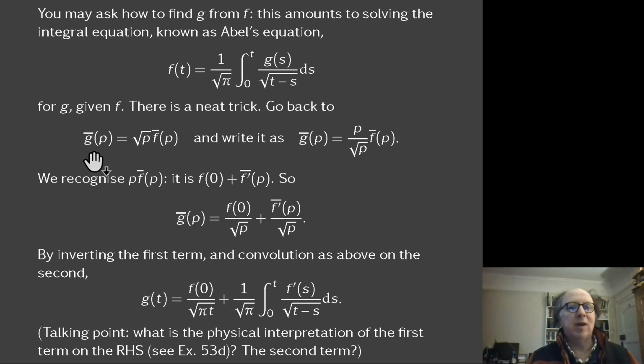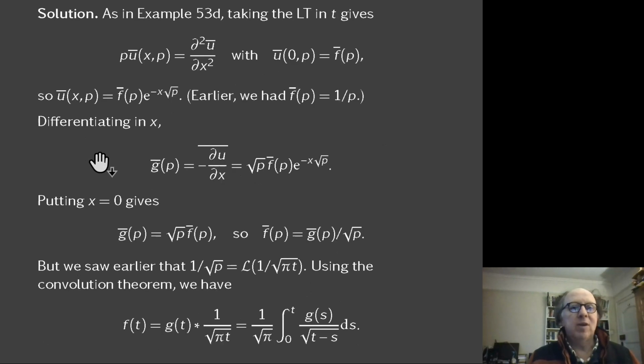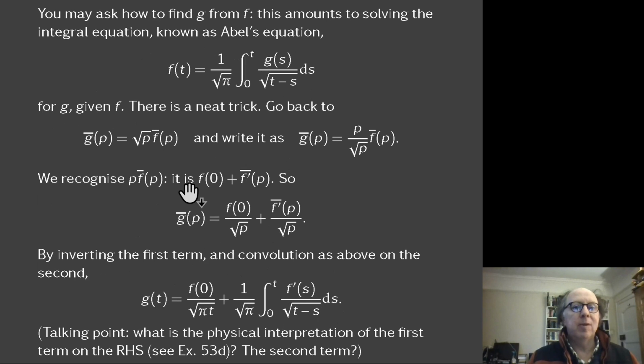So there's a really neat trick. What you do is you go back to the previous line where we had g bar is equal to root p f bar. We split this root p as p divided by root p. That's the trick. So p over root p f bar.